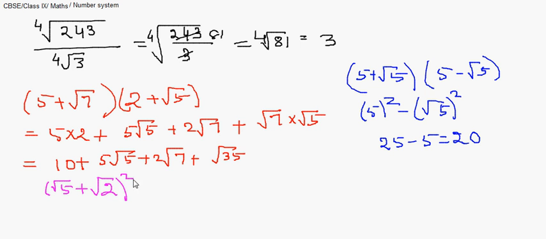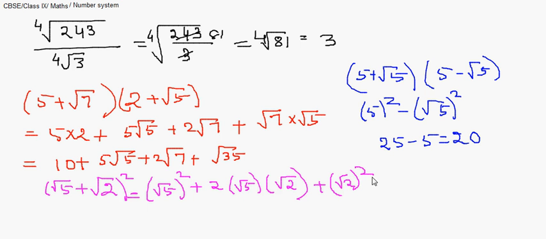In that case, it is a square plus 2ab plus root 2 square, that is the b square. So this is 5 plus root 5, root 10 would be 10. So it is 2 root 10 plus, square root of 2 whole square is 2. Sorry, and the answer that makes it is 7 plus 2 root 10.